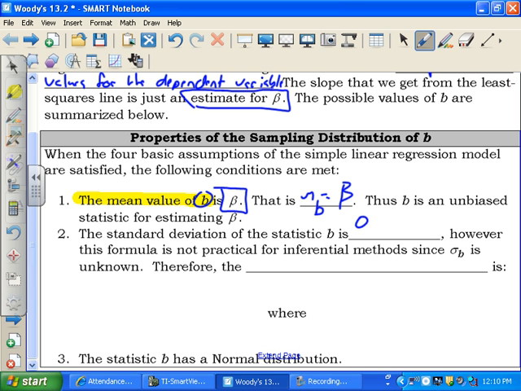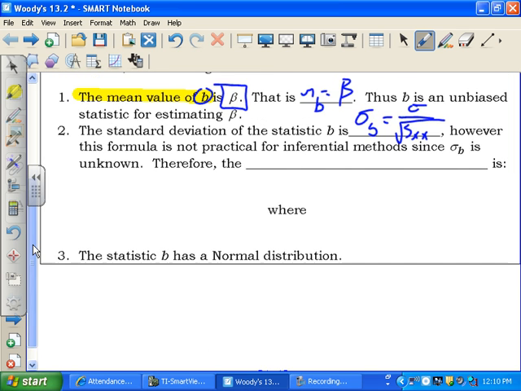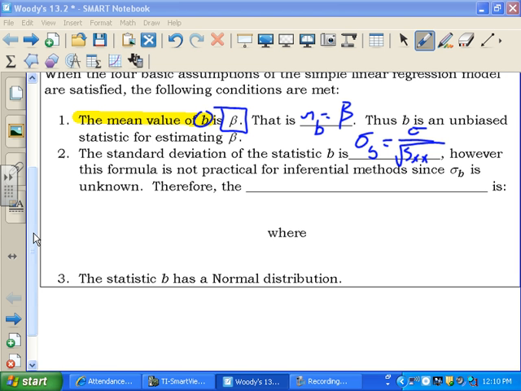Standard deviation of your sample will be the standard deviation of your population divided by the square root of SXX. And I'll talk about what that is in just a second, so don't worry about it.